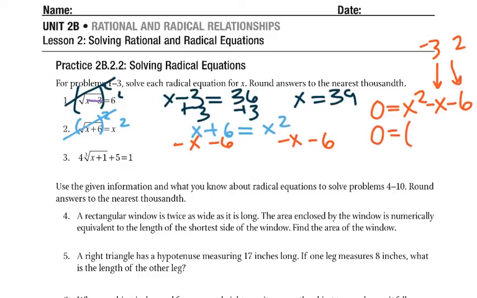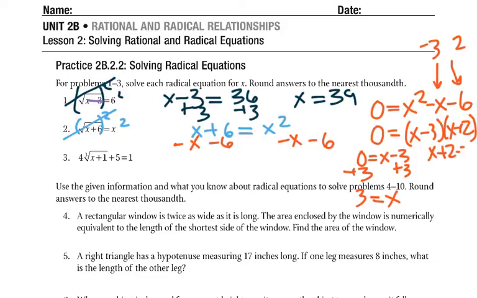So we'd end up with x minus 3 times x plus 2. Then each one separately, we'd set equal to 0. So we'd get x equals 3 and x equals negative 2. Okay, then we can plug them back in to see which ones work.